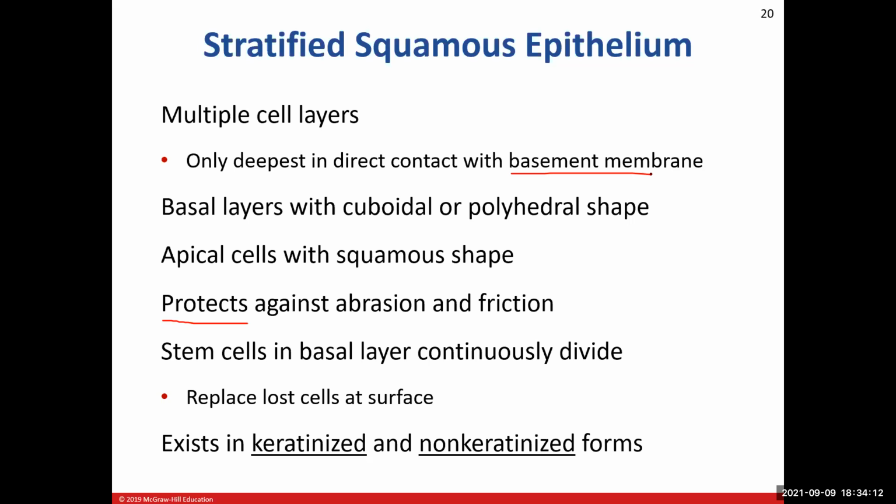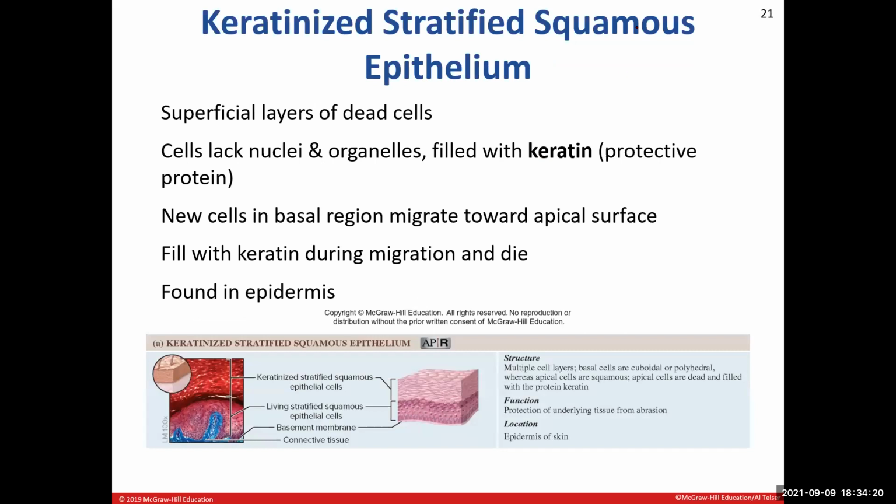So there's 2 types, keratinized and non-keratinized. Remember, keratin kills. This is that protein that makes the cell strong like bull, but in doing so, it kills off the organelles and the nuclei.